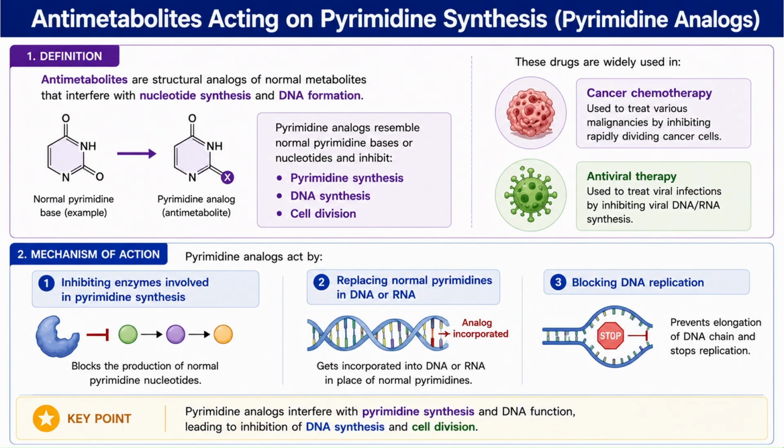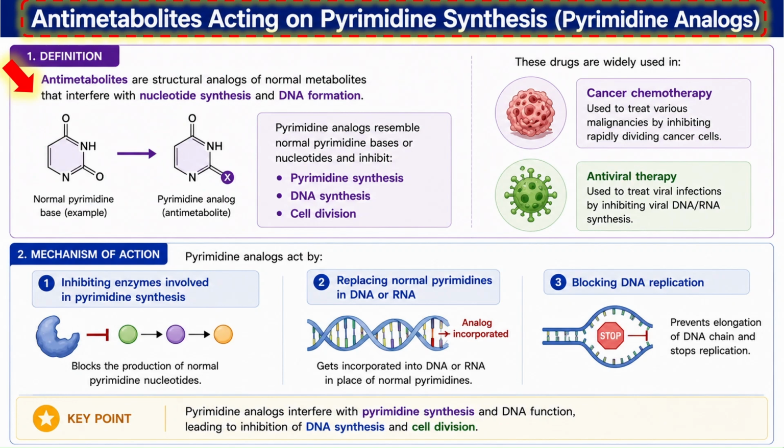Now coming to the antimetabolites acting on the pyrimidine synthesis, or pyrimidine analogs. So what do you mean by pyrimidine analogs or antimetabolites? It means the pyrimidine analogs are the structural mimics of the normal pyrimidines, but they interfere with the nucleotide synthesis and DNA replication.